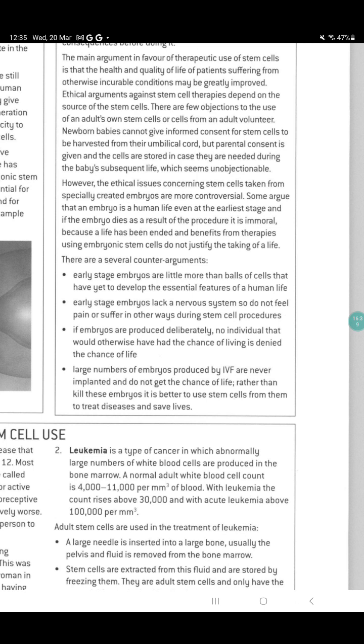But the other left out embryos, perhaps the weaker ones or for any other reason, are then destroyed in the lab. They are no longer used in IVF technology. So better we use them for stem cell therapy. At least they will serve some use to another person with a disease or any other condition.